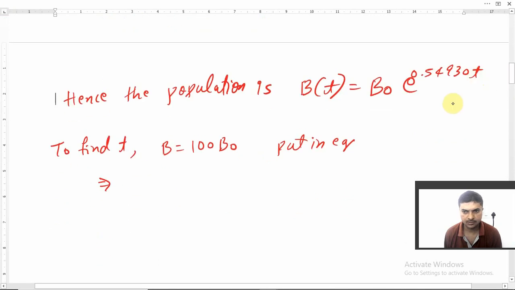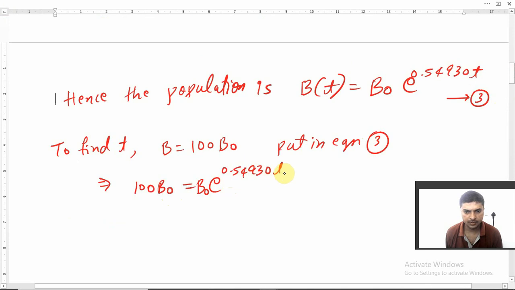I will consider this equation as equation number 3. I will put in equation 3. Therefore, now this will be 100 B naught is equal to B naught e raised to 0.54930 t. B naught will get cancelled.